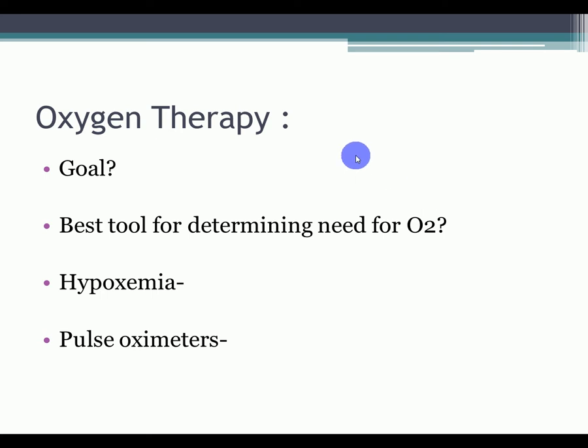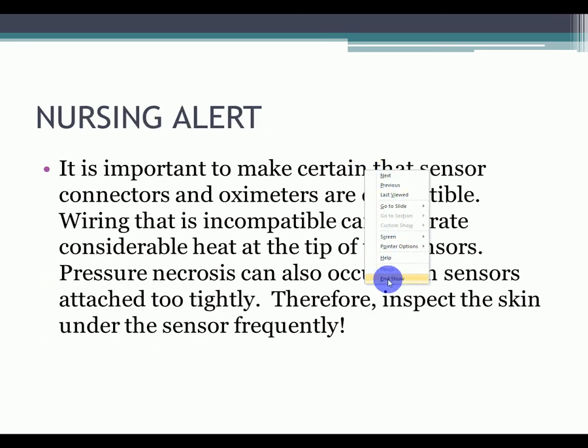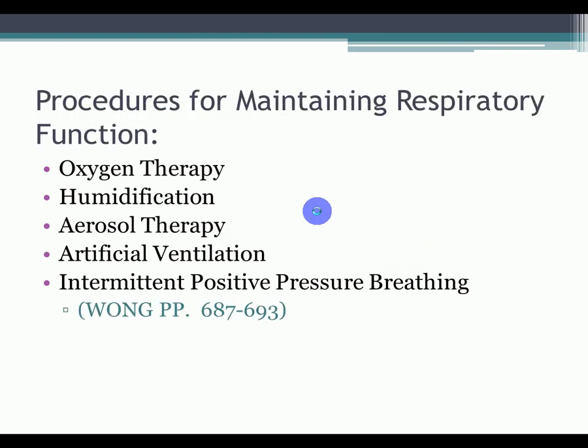That was the goal of oxygen therapy. Sorry, let me see where I'm at. No, let me go back. Sorry. Getting ahead of myself. Imagine that. All right, let's go talk about each one of these. Oxygen therapy.